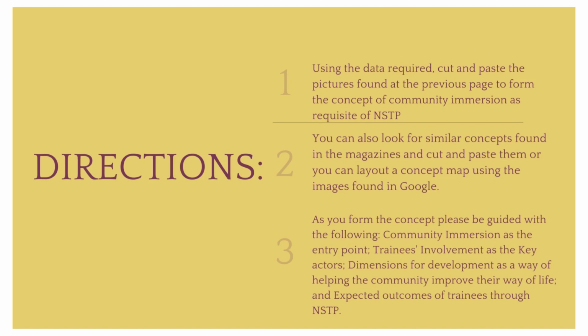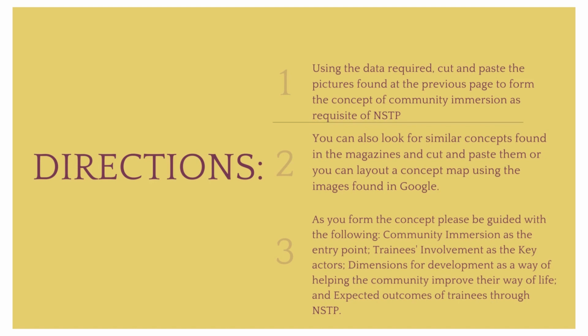But you can use your own pictures, provided that they are the same as the previous page. You can also look for similar concepts found in magazines, cut and paste them, or you can lay out a concept map using the images found in Google. That's allowed. As you form the concept, please be guided by the following.